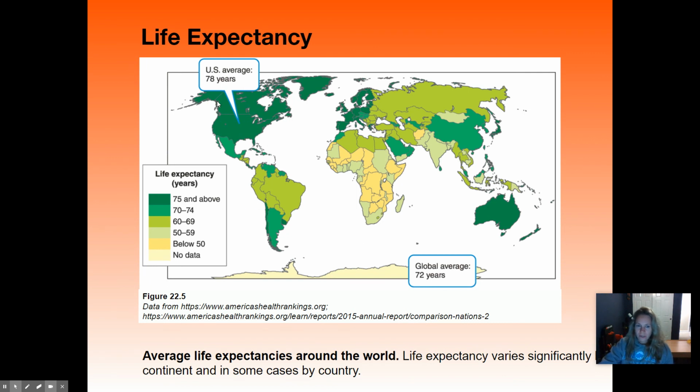So generally our most developed countries are the ones that have the highest life expectancy. And then the ones that have the lowest are our developing countries, the ones with the least infrastructure. So the least healthcare, the least access to clean food or clean water. So those generally are the ones that are lower.